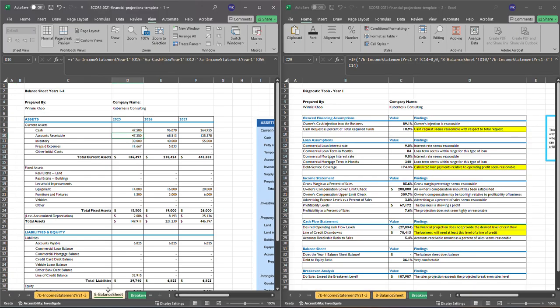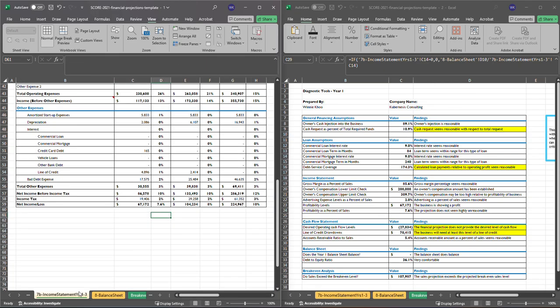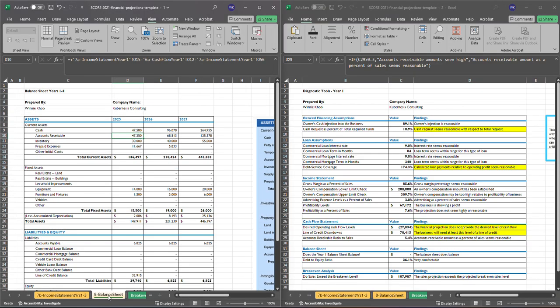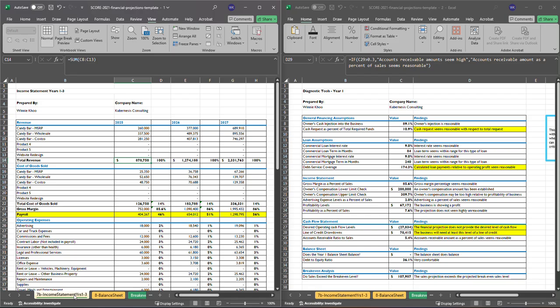So that's like 47K over the overall sales amount, 700, 800K. So for me, I'm 5%. So with that 5%, the accounts receivable amount as a percentage of sales seems reasonable. So if this was 30%, then that would be a lot.